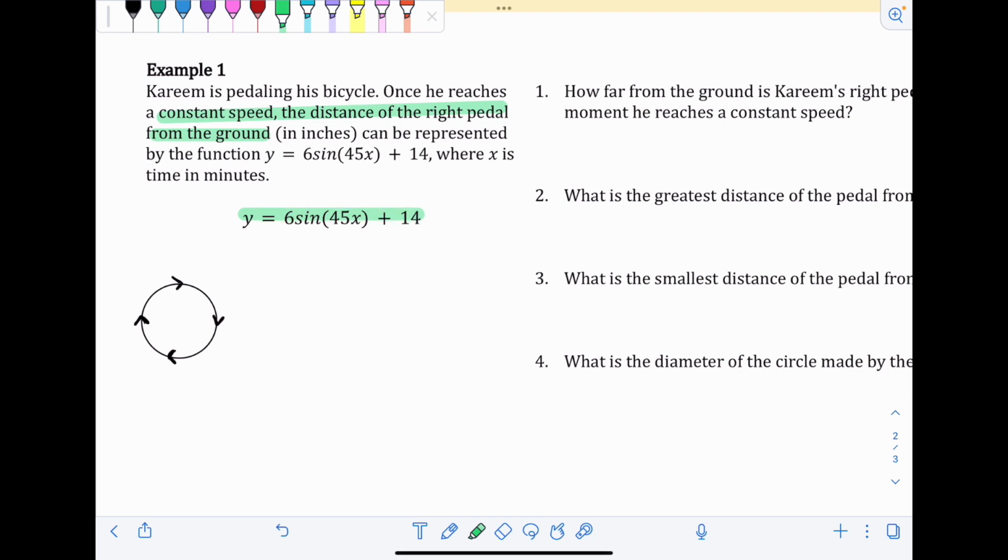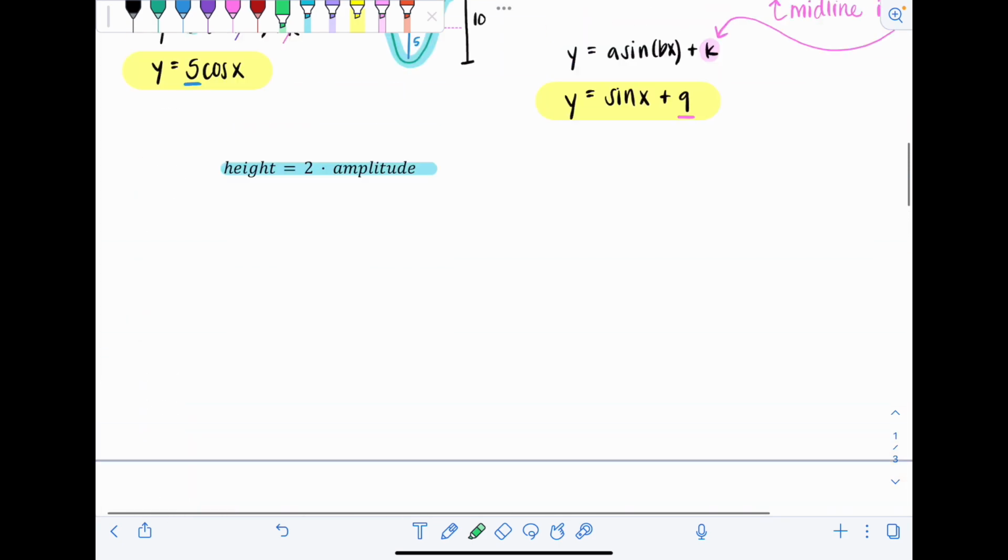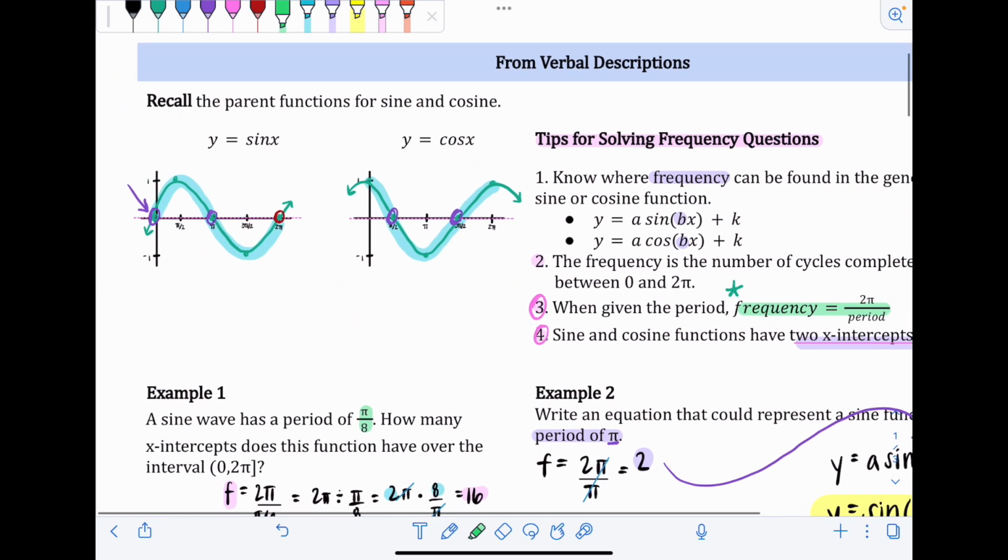So one thing that we know about sine functions is that they start at the midline or the middle. So if these different parts around the circle represent different heights, there's two middles. There's this middle height and this middle height. So I want to narrow it down between those two. I'm going to go back up to the sine function. It starts at the midline, and after it starts at the midline, it goes to its highest point next.